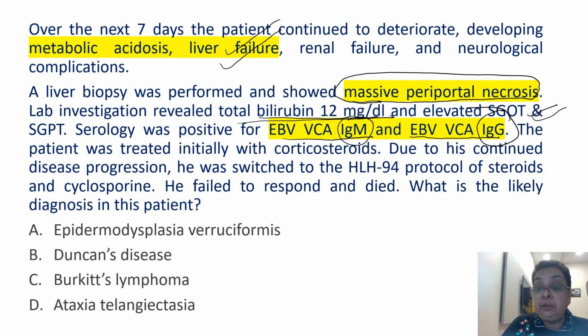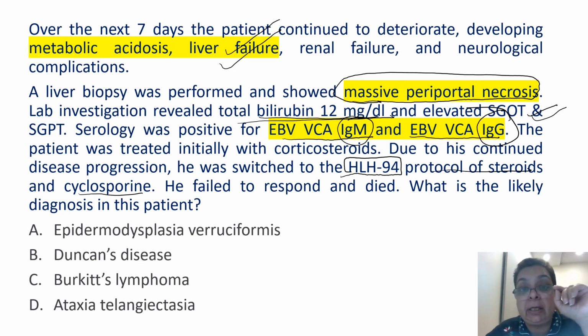Then due to his continued disease progression, he was switched to HLH94 protocol of steroids given with cyclosporin. What is HLH? Hemophagocytic lymphohistiocytosis. He failed to respond to this treatment and he died.